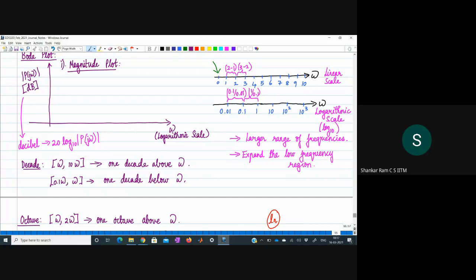Some people will also call it the log magnitude plot, so they mean the same thing. The reason they call it log magnitude is because the magnitude is plotted using a decibel measure, which involves taking the logarithm. So an alternative terminology that you will encounter is log magnitude plot, right?